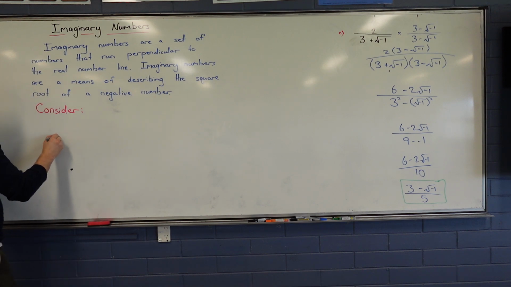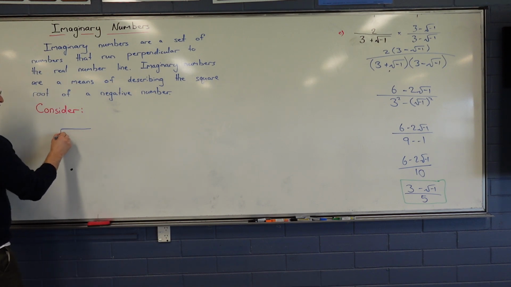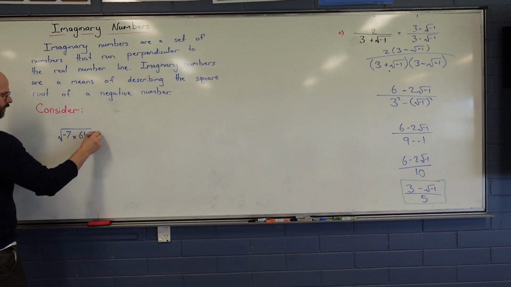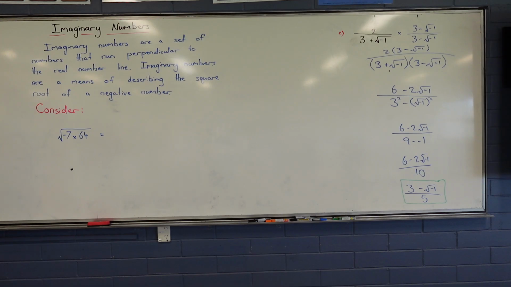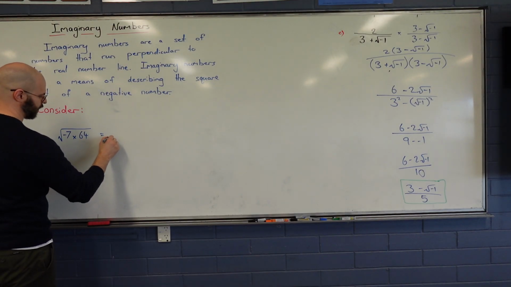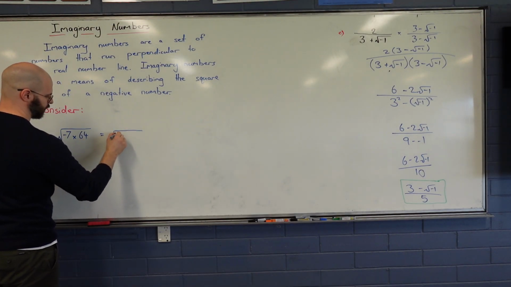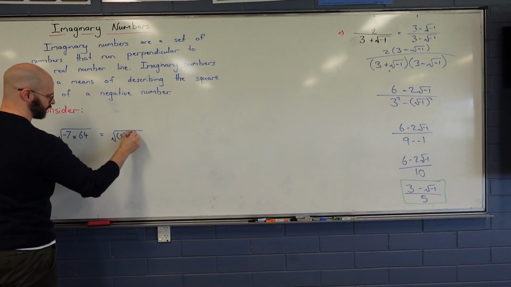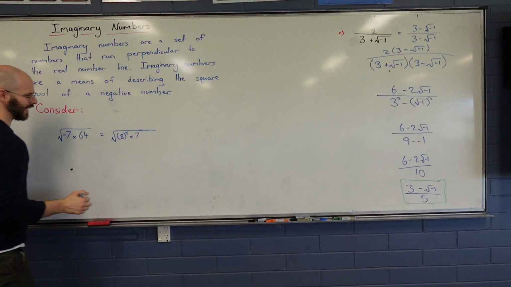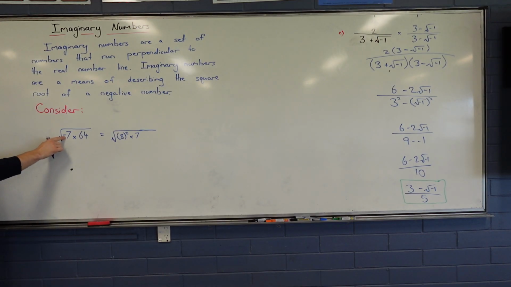If we have root negative 7 times 64, we can simplify this. Firstly, what's the square root of 64? 8. So we're going to have 8 squared times 7. And then, next to the 7, what's missing off the 7? The negative.